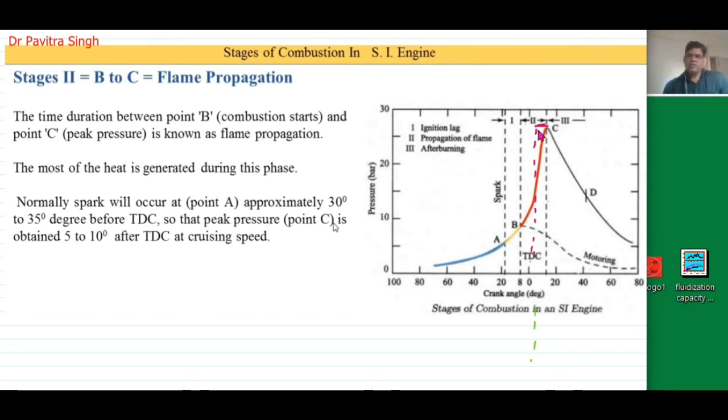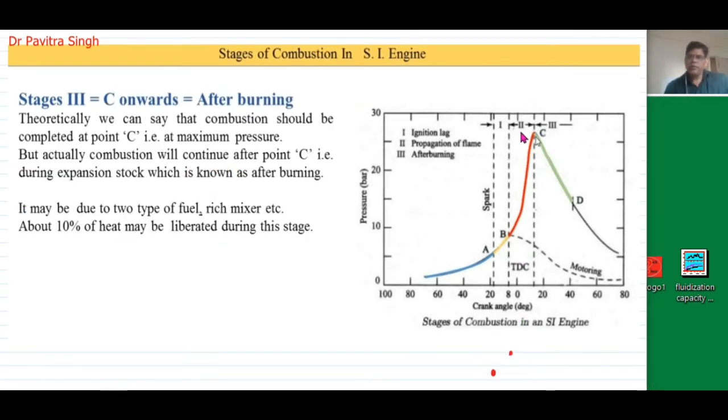Theoretically the combustion should be completed at point C, and maximum pressure will be at this point C, but actually combustion continues after point C. During this expansion stroke, this is known as after burning.